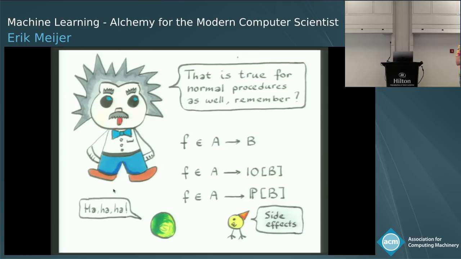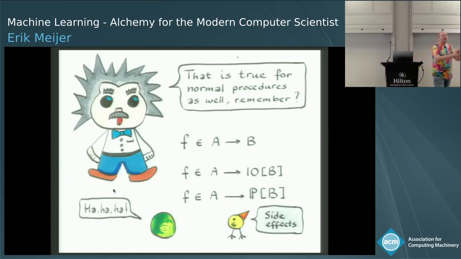It's not a real function in the mathematical sense, unless we can make the effects explicit. We can do the same thing here for these models, and the way we make the effect of this thing being an approximation explicit is by having it return a probability distribution. All right? So there's nothing new under the sun here.